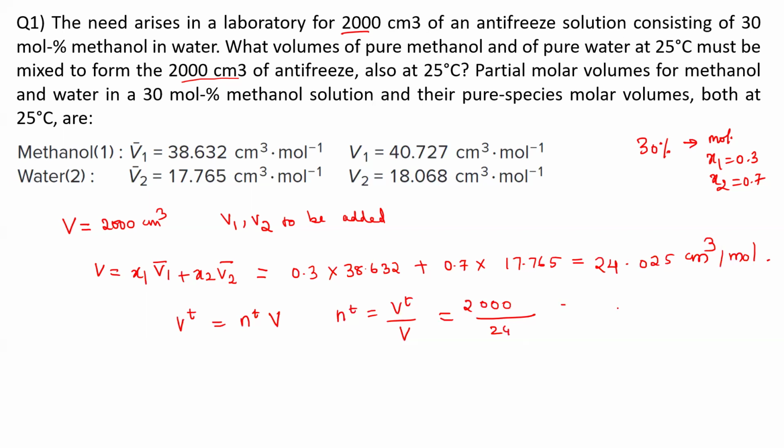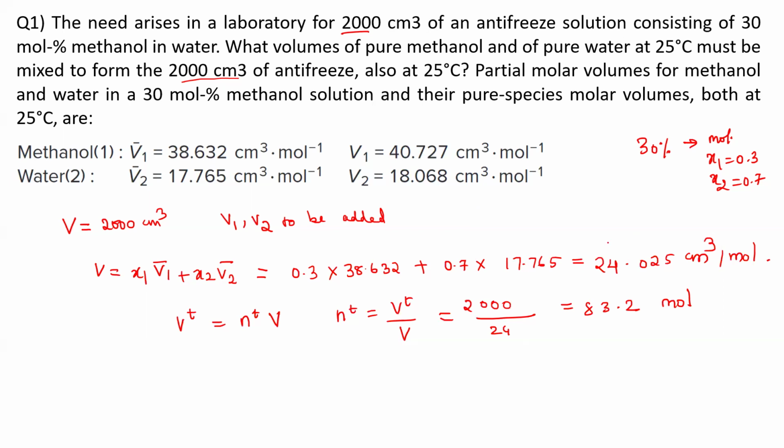It is given as 83.2 moles. And already we know the mole fractions, so based on that we have N1. N1 is equal to 0.3 into N, so that's 24.97 here, and N2 is 0.7 into N. So it is 58.2, and the summation gives you this.